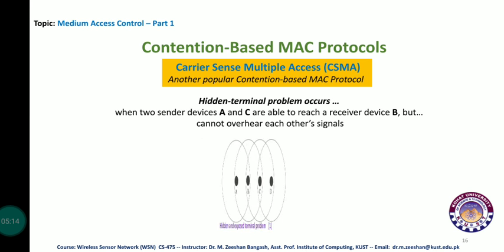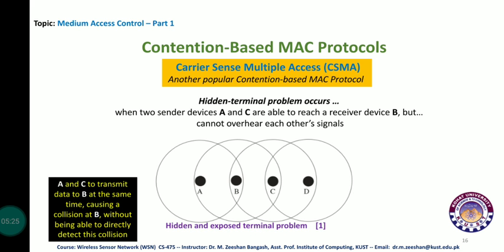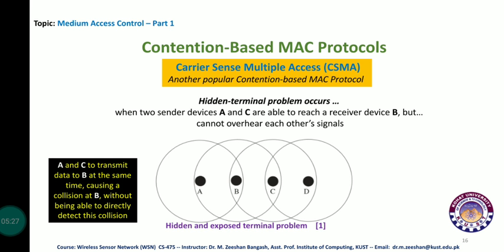You can just look at the diagram: A and C are reachable from B, but A and C cannot hear each other. So if A and C transmit data to B at the same time, that can result in a collision at B, and both A and C will not detect this collision.